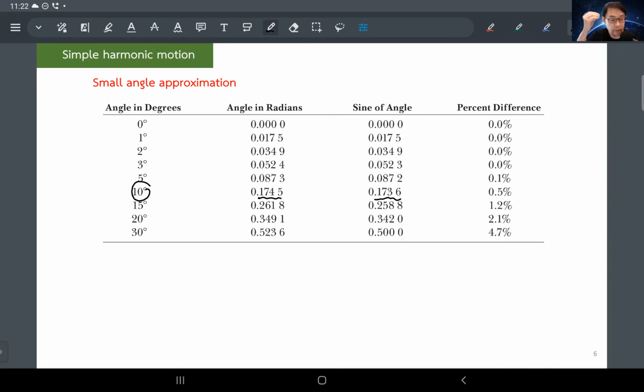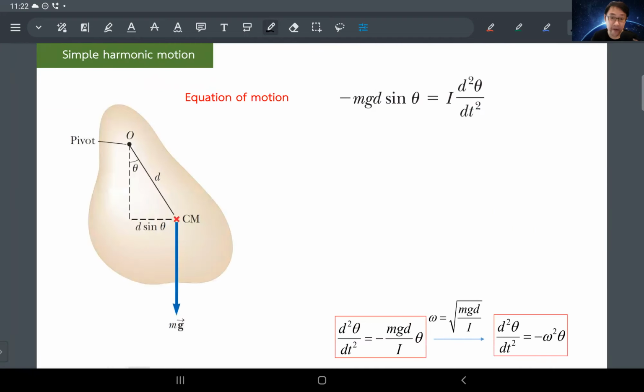But if you swing things at a very high angle, that oscillation is no more simple harmonic. Isn't that crazy? So that's good to know. But for us, simple harmonic is always good. All right, now let's do it one more time, shall we?